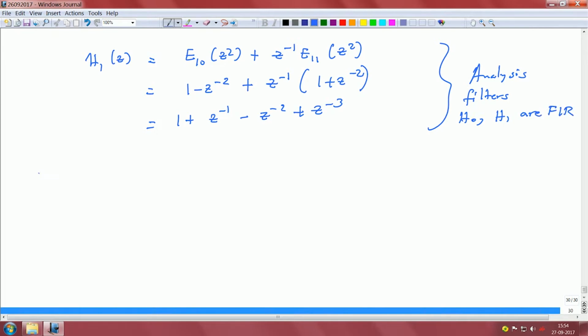Now we can do this for the synthesis bank.